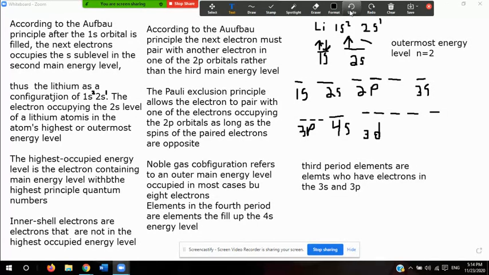Okay, so before I go to noble gas notation, which is used to simplify the configuration of elements that are in the third and fourth period, let's talk about the electron notation, or the noble gases.